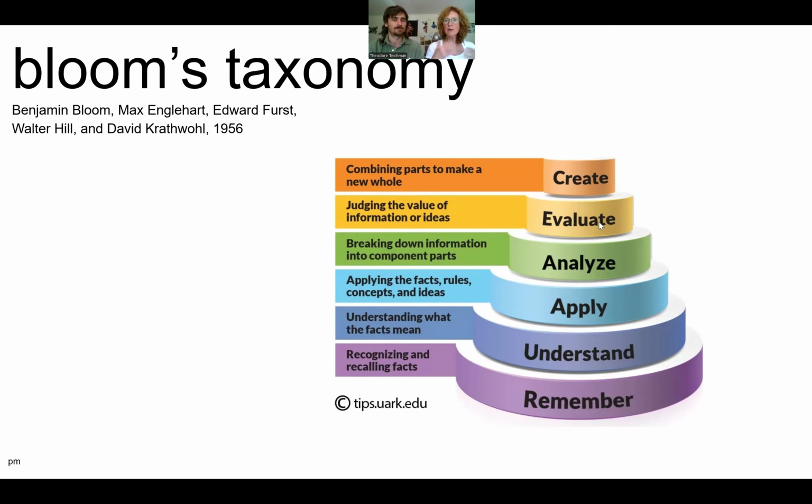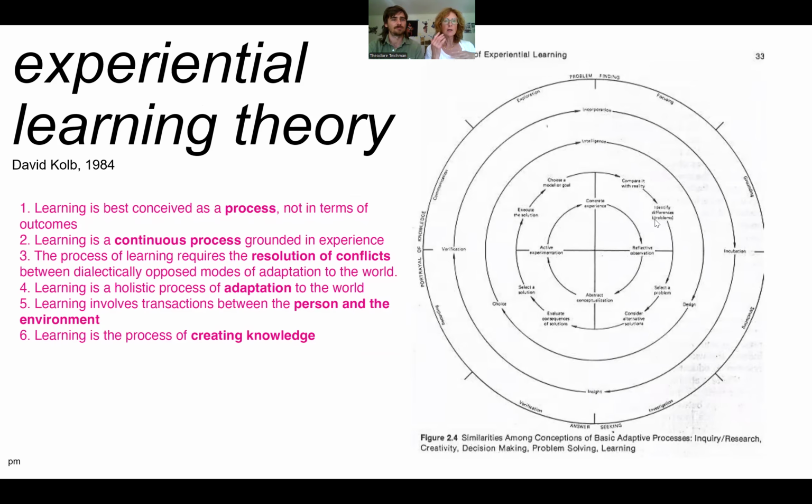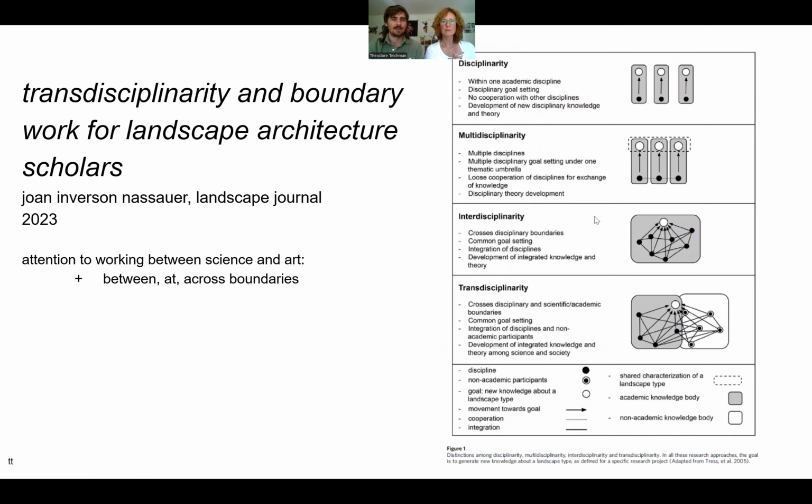Bloom's taxonomy, fundamental to many of the educations in the United States, leads to the creative process and innovation through a process. Kolb's experiential learning theory brings external influences inside the learning process, which leads to iteration and adaptation, therefore related to entanglements, which is important in this talk and in the studio.